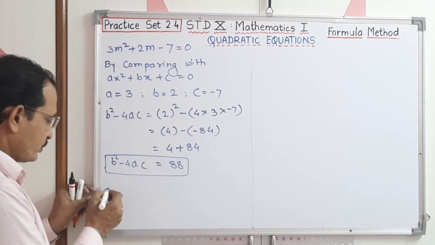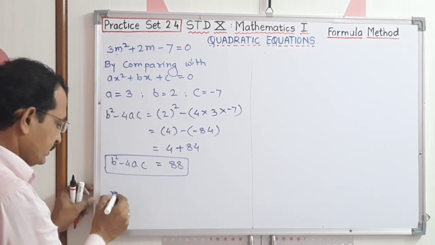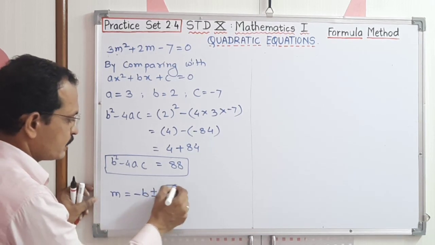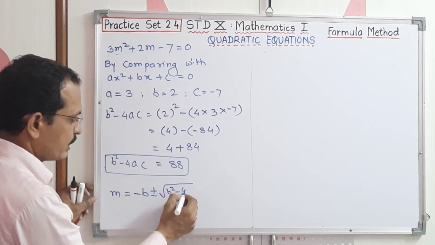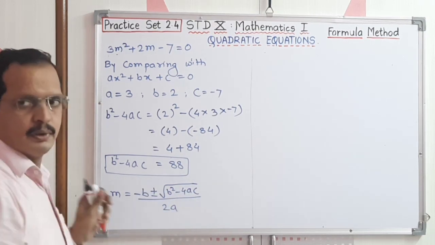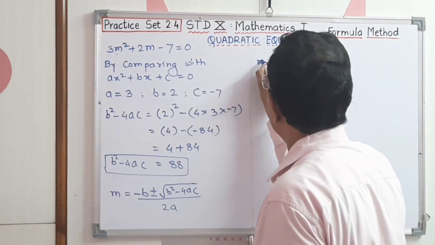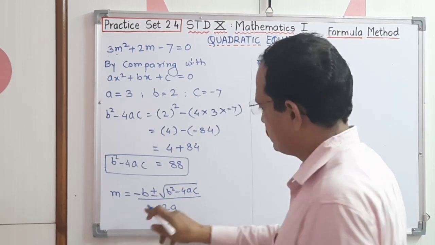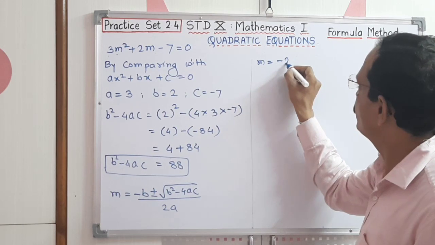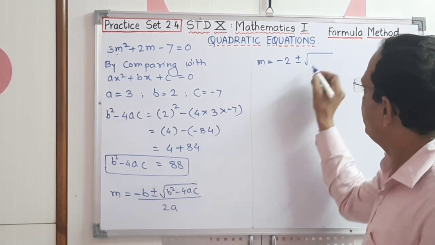Now we have to use the formula. Here m is equal to minus b plus minus under root b square minus 4ac upon 2a. After that we have to substitute the values. m is equal to minus, this minus sign is there, and value of b is 2, plus minus under root 88.